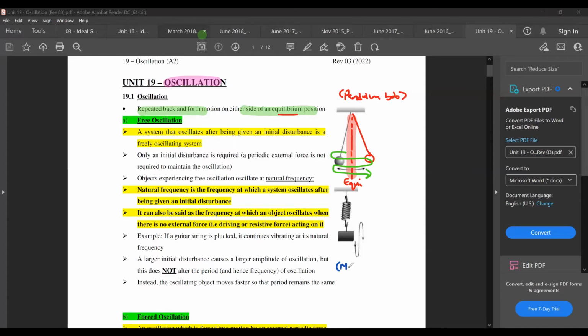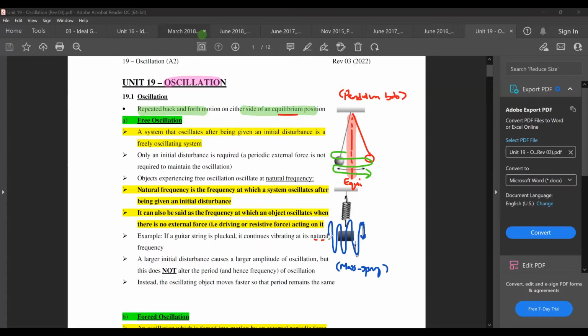Now, another example of an oscillating system is a mass on a spring system. This is your mass spring system. When this mass spring oscillates, it will tend to move up and down, right? But when it moves up and down, it's actually moving on either side of an equilibrium position too.